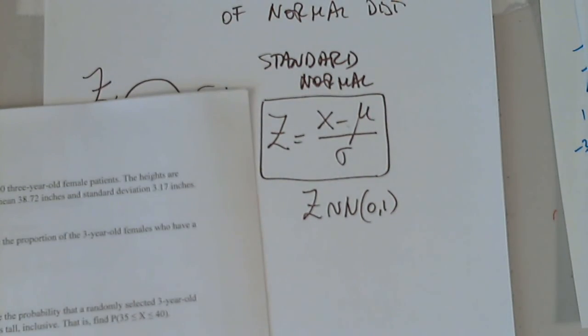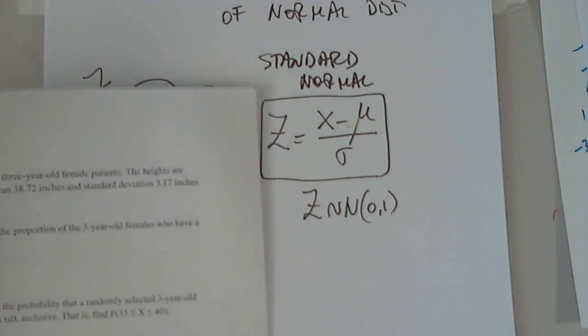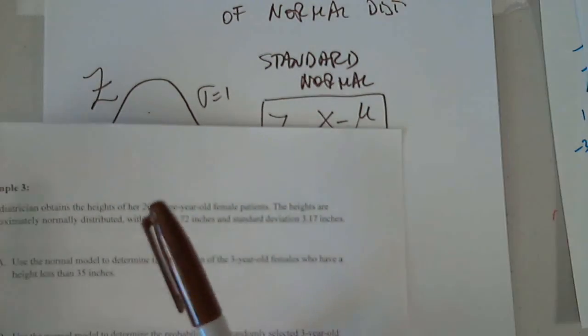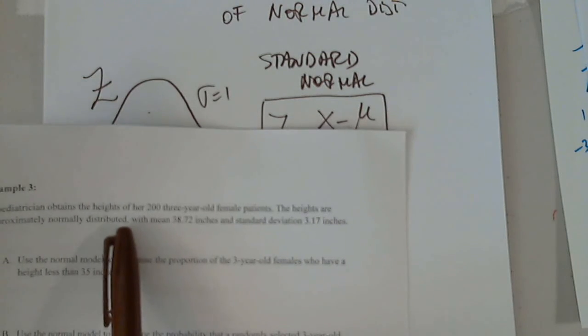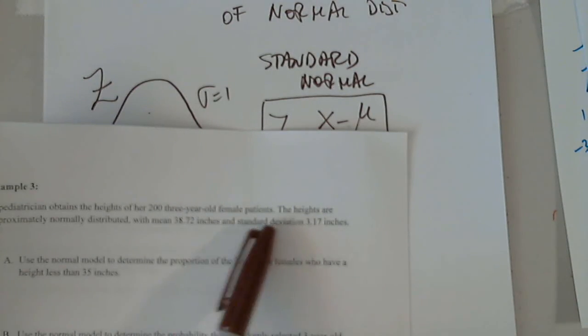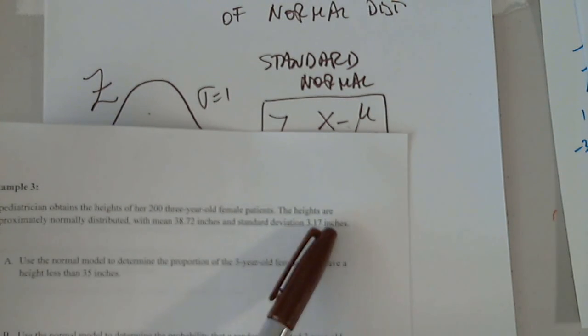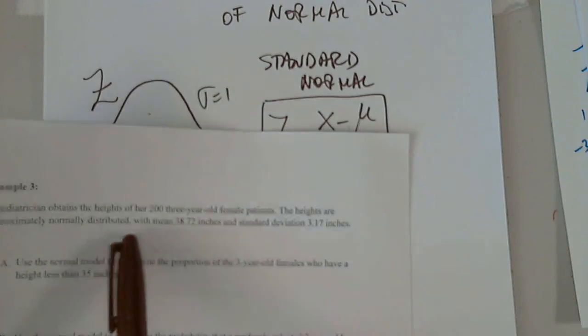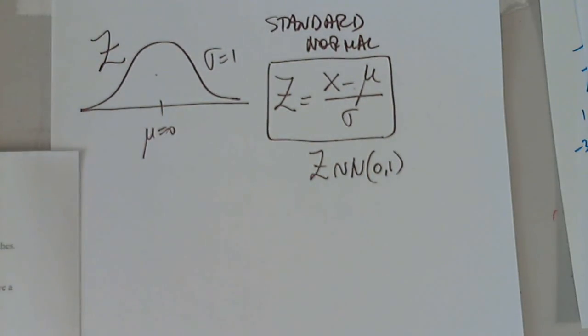And here we want to answer several questions. So we're looking at girls, 3 years old. They are female patients of a pediatrician, and the heights are approximately normally distributed. That's our problem now.